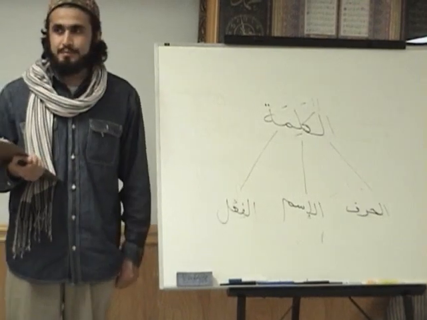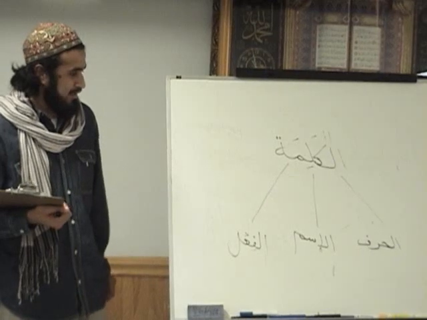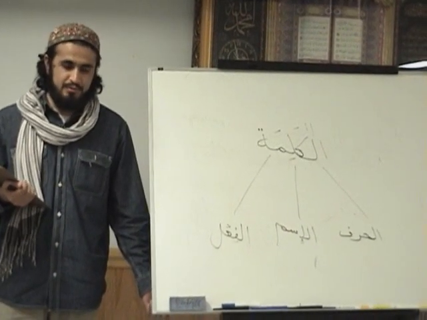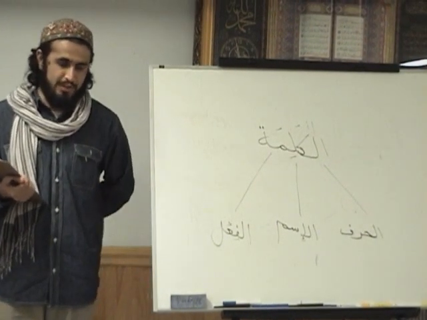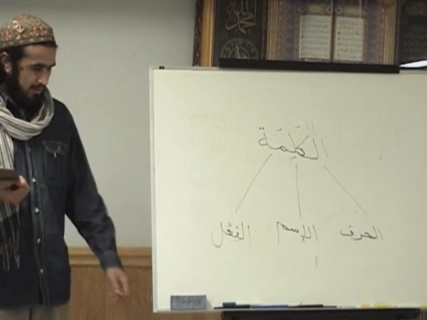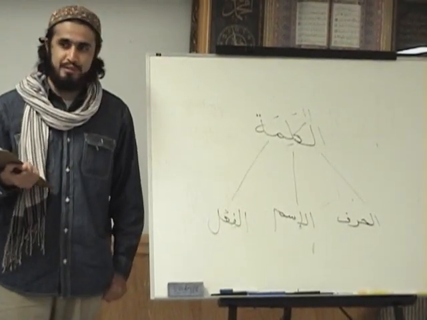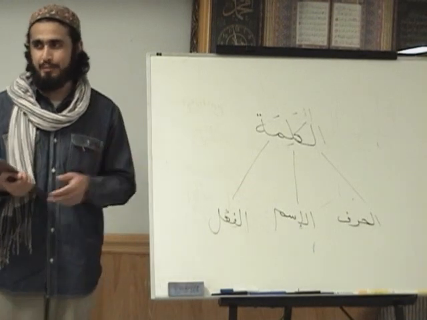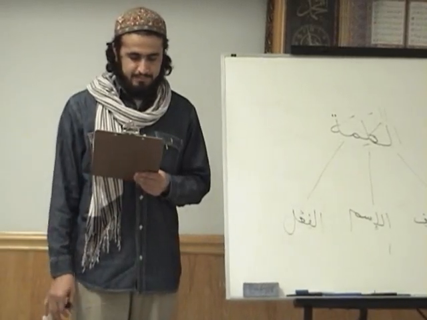Al-ism is equivalent to noun. It is a word with a meaning with no connection to present, past, or future. So if you say, for example, he went in English, it's going to have a connection with the tense. But if you say lion, for example, then it's just a noun. It has no connection with the time.